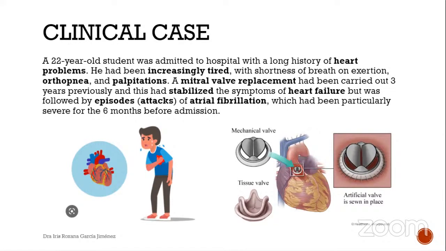Mitral valve replacement had been carried out 3 years previously, and this had stabilized the symptoms of heart failure, but was followed by episodes or attacks of atrial fibrillation, which had been particularly severe for the 6 months before admission. Okay, thank you so much.